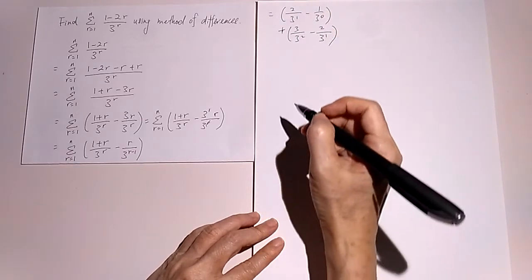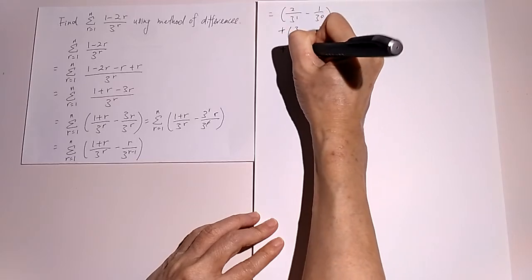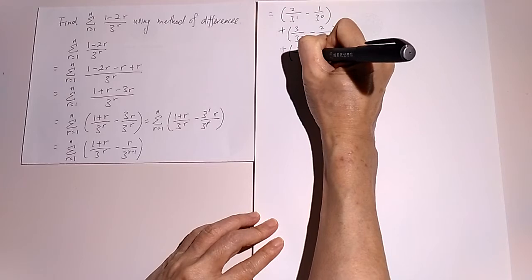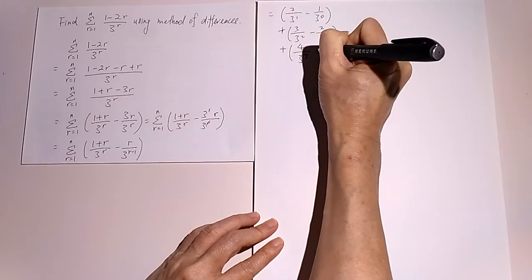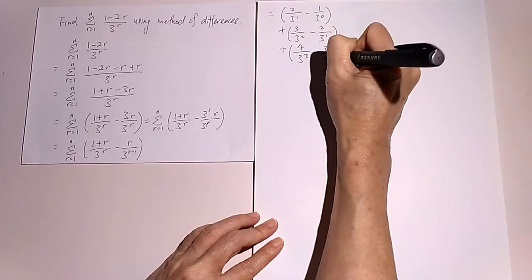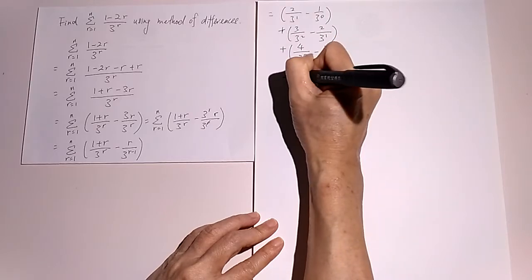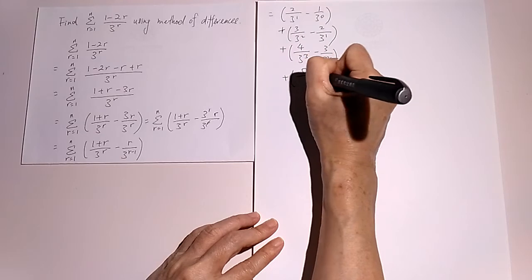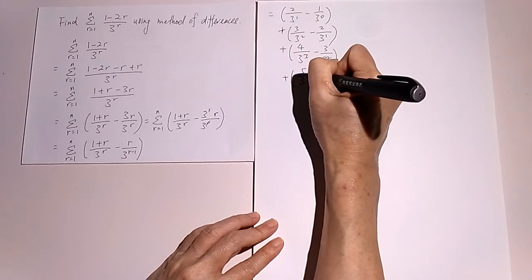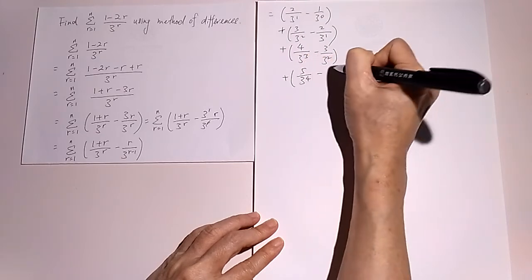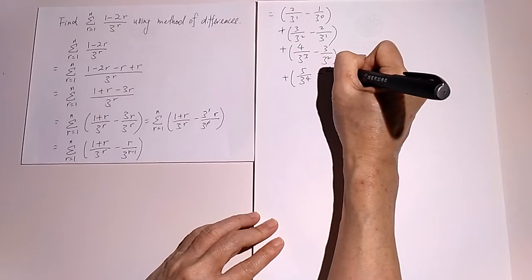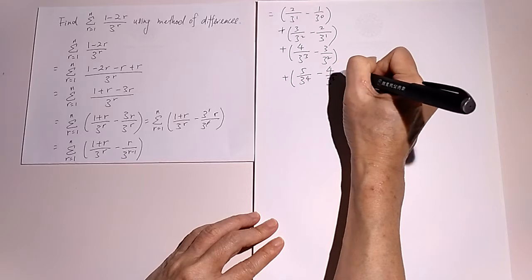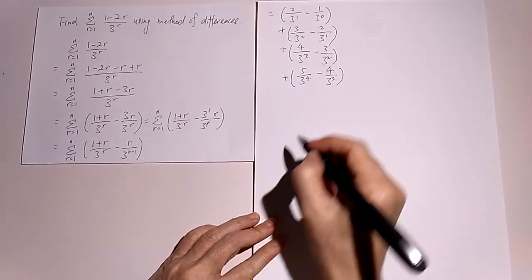We do the same for the next one, r equals 3. R equals 3, we get this. And then r equals 4. You can kind of see the pattern here.